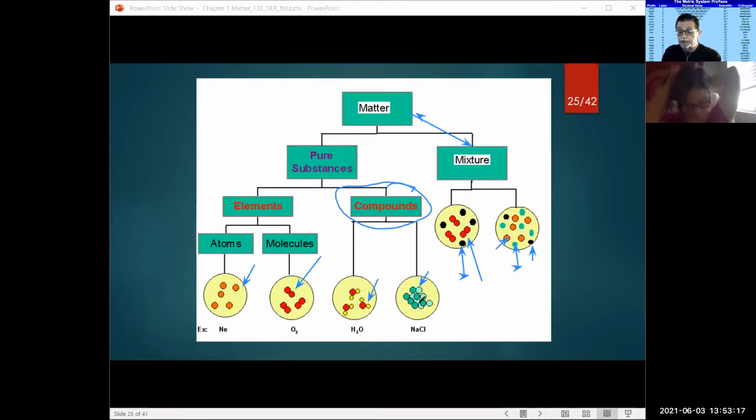And if you look at these two structures down here, they're combined with two or more different elements. So they're compounds.